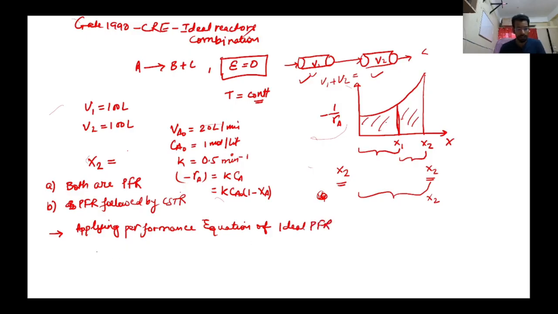First I will apply it for reactor 1. For V1 upon V naught, the performance equation, we know that tau is equal to V1 upon V naught, which is equal to V upon FA naught upon CA naught.